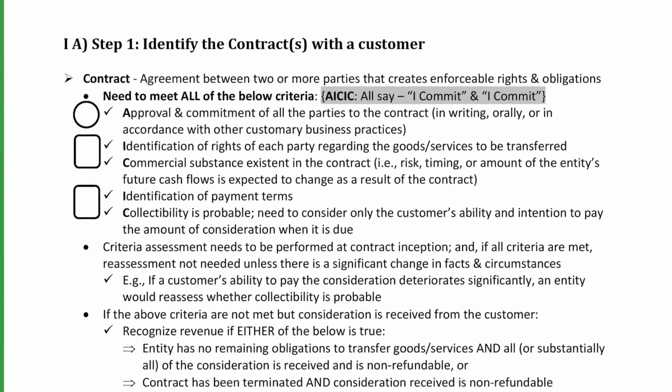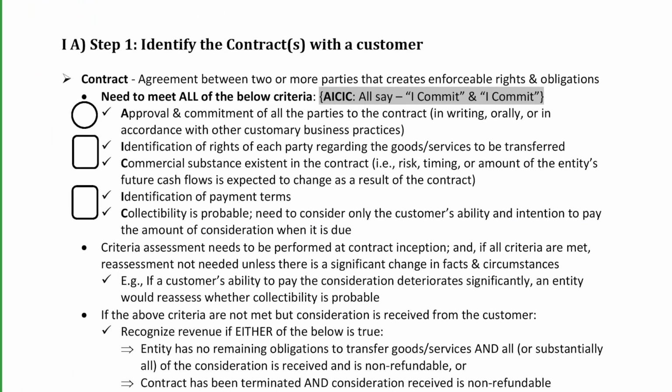Moving to page 53, we're looking at step 1, which is identify, put a box around contract with the customer. And right there, CPA app for revenue recognition, circle the C for contract.